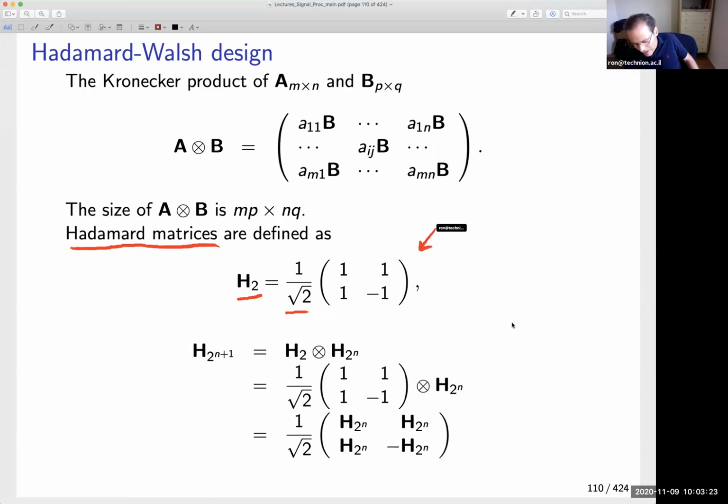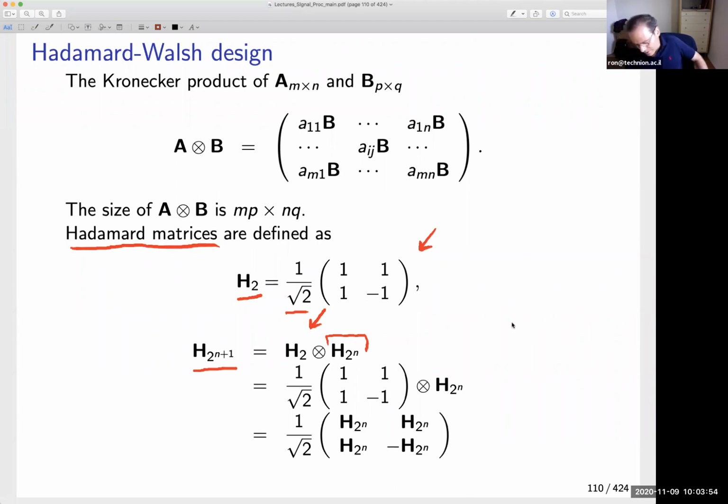Now the H of 2 to the power of n plus 1 matrix would be taking the 2 by 2 matrix and making a Hadamard product with the Hn matrix. So this would be the way of increasing from a matrix of size, I don't know, 4 to a matrix of size 4 times 2, 8, okay?